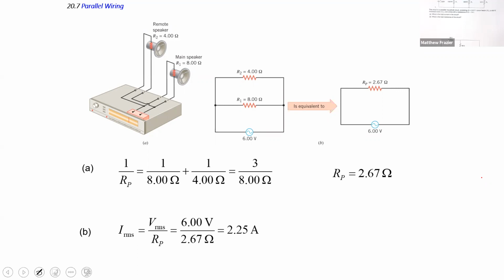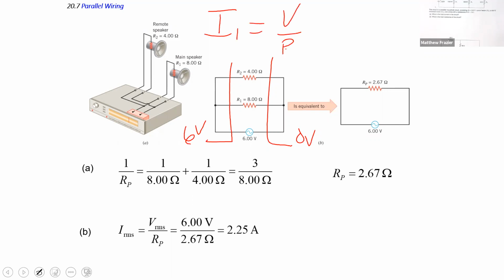But the better way of looking at it is to say, this whole thing here is 6 volts, and this whole thing here is 0 volts. So each resistor has a potential difference of 6 volts. So you can calculate I1 is V over R1, 6 volts over 8 ohms, is 0.75 amps.